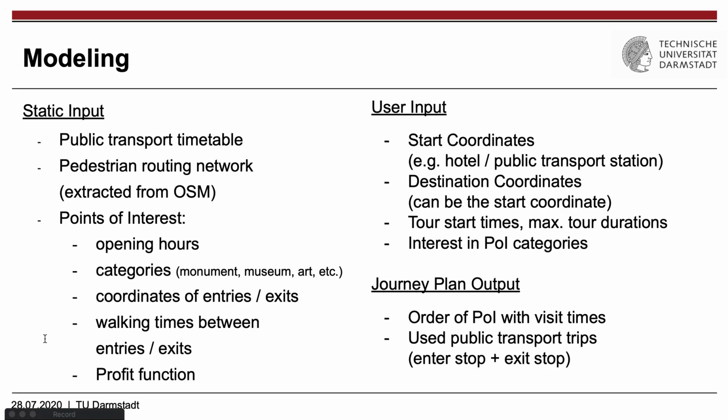And the user needs to provide the weighting of POI categories. So as an output, the algorithm produces the order of the POIs with the corresponding visit times and the used public transport trips, including the stop where to enter and where to exit the trip.